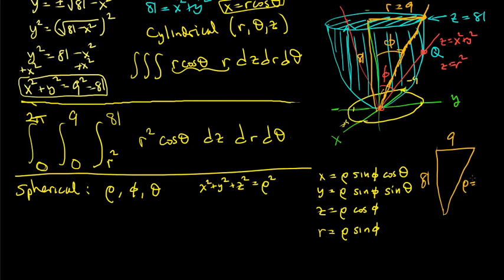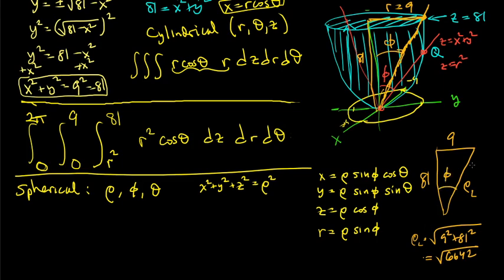It's going to be the square root of 9 squared plus 81 squared, which is the square root of 6642, whatever that is. But what we really need is phi.